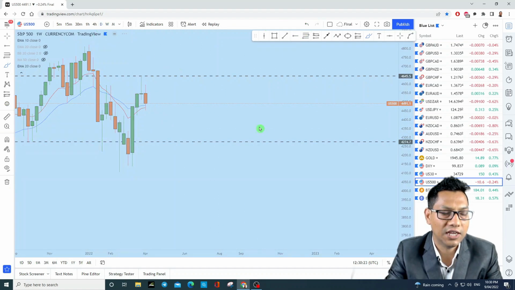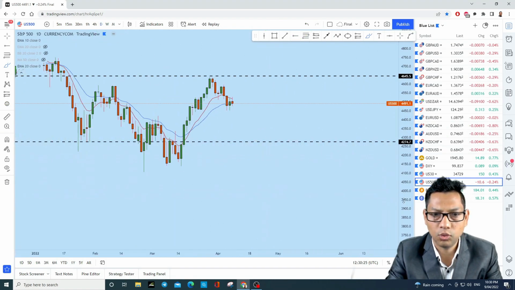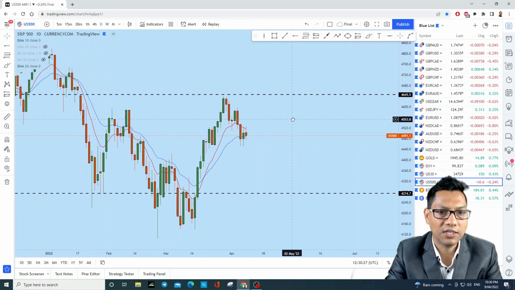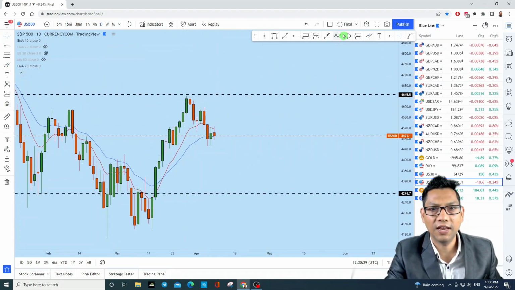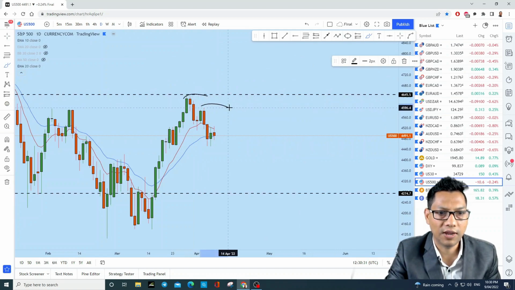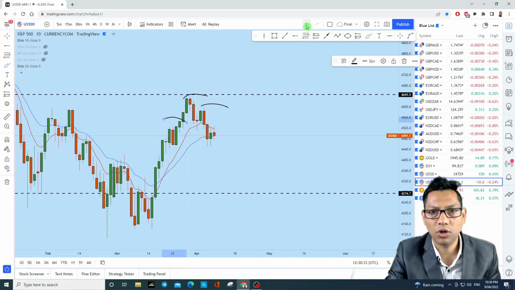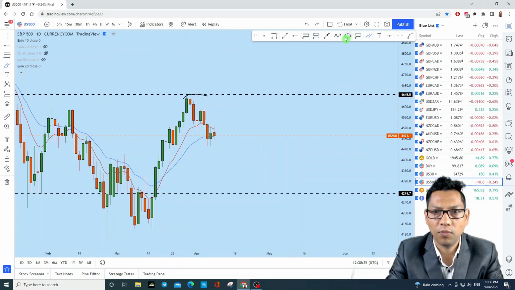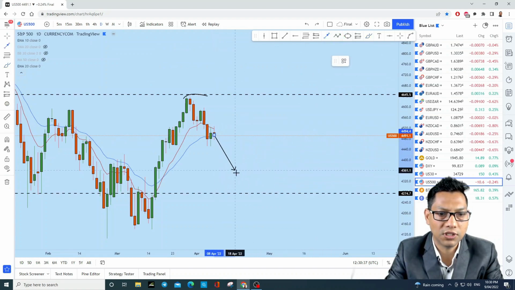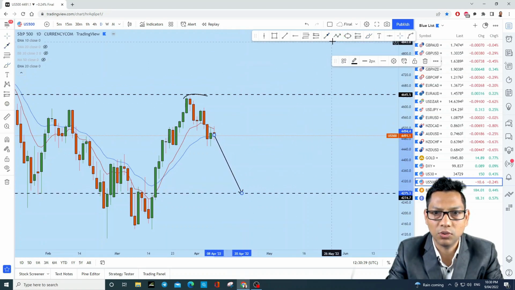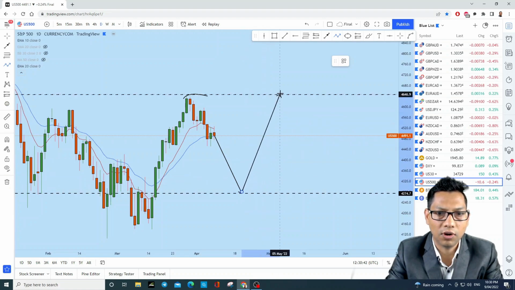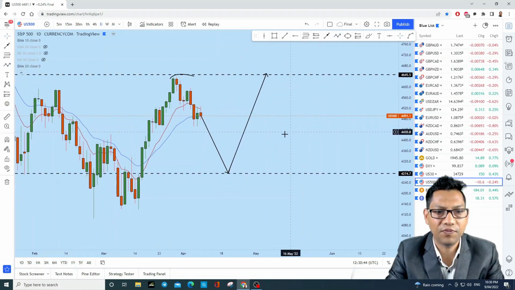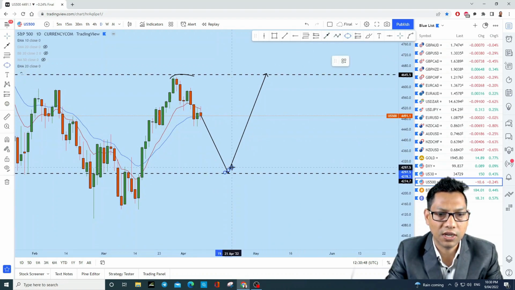Let's see daily. Okay, on the daily we saw that the price is now creating some kind of a head and shoulder on this time frame. But what I think is that from here it will drop to this level the same way as I discussed with US30, and then rise up. So if it drops here, then from here I will be considering buying.